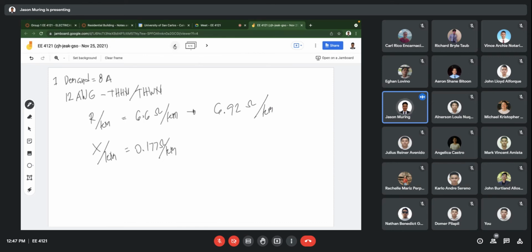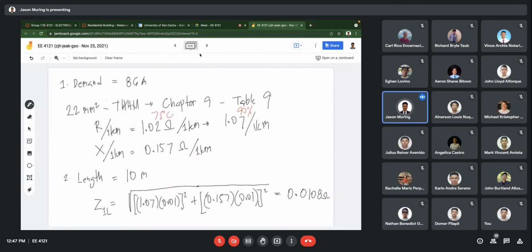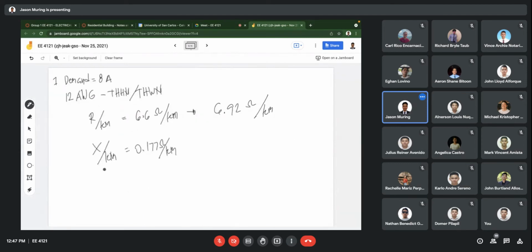Okay, so again, after this, we need to calculate our impedance. So we have to base it on the length.